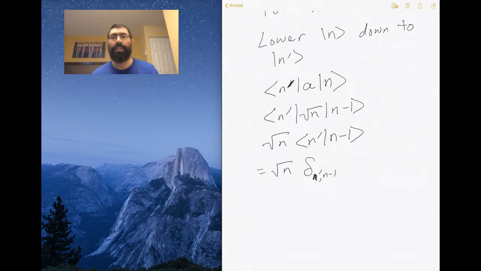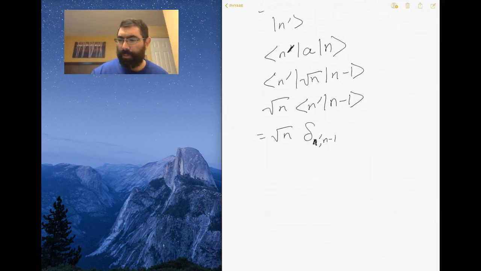So I can write it succinctly as the Kronecker delta. If n prime is equal to n minus 1, I get a value of 1 for the delta function, and then I just get the square root of n. Then I would square it, and I would get a probability related to n.